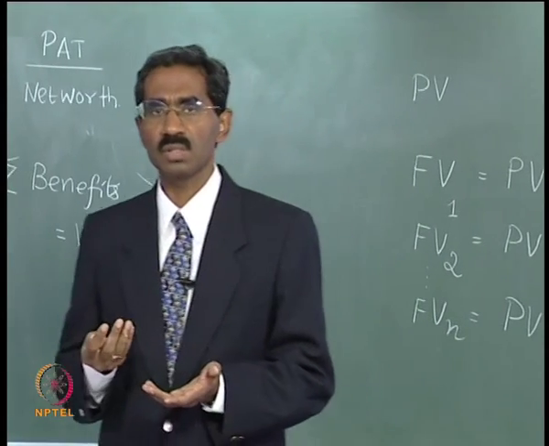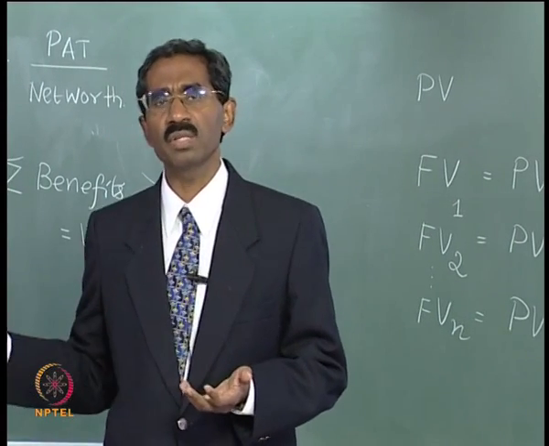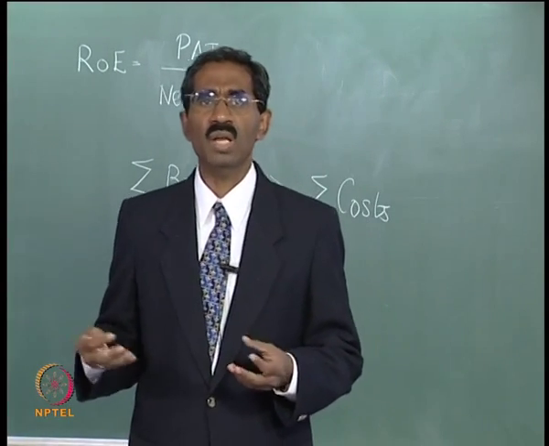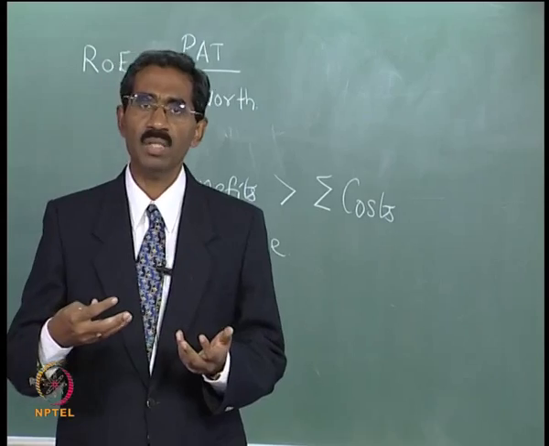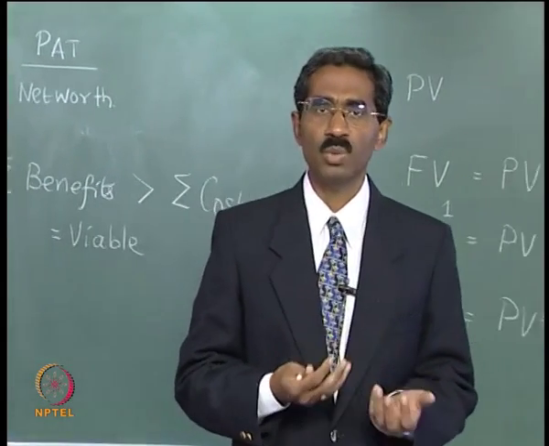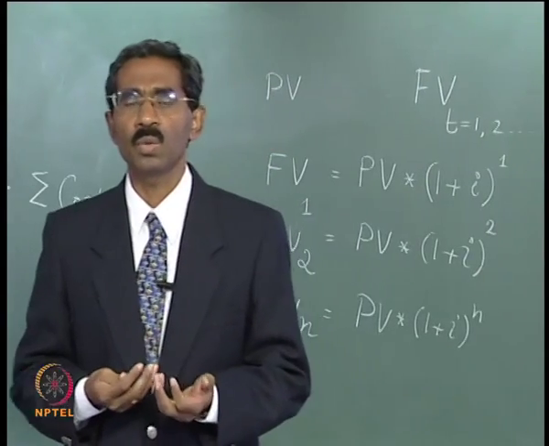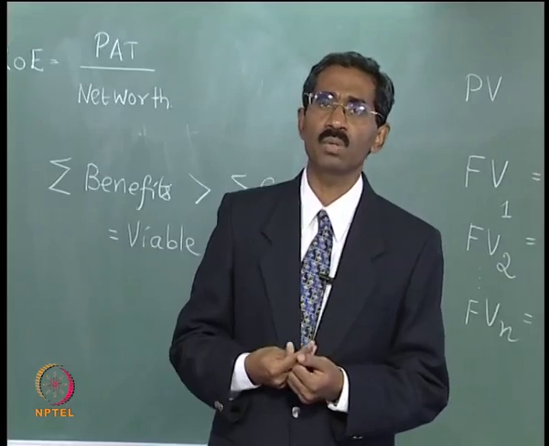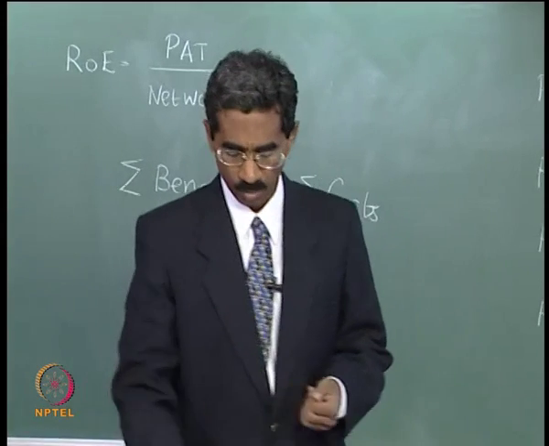The benefits occurring in different years are not considered to be equal. So we can add in the world of maths only if they have an equal attribute. So in essence, we can only add when they are brought down to the present value.